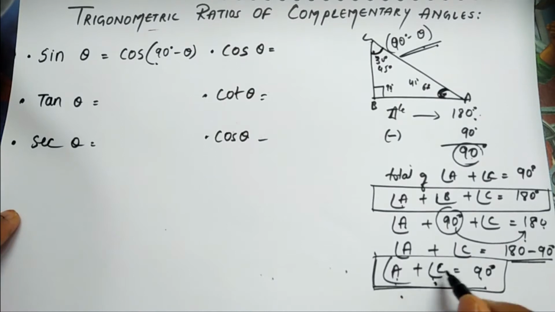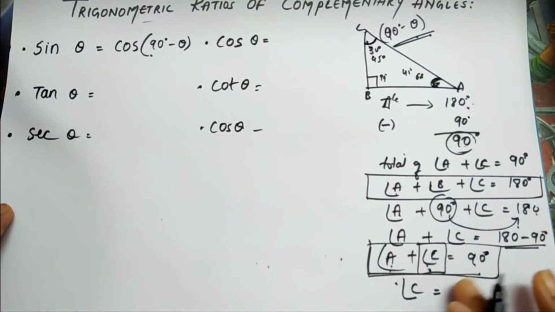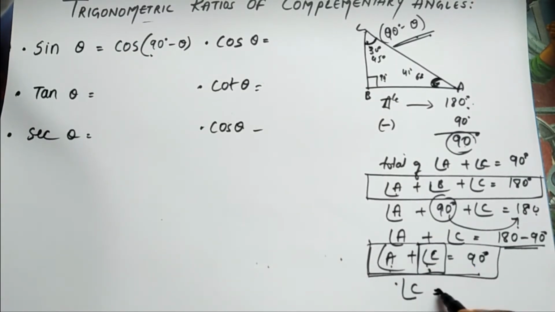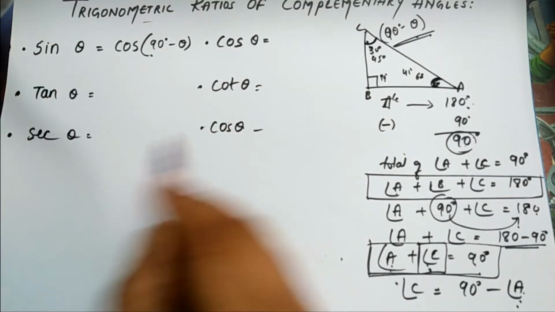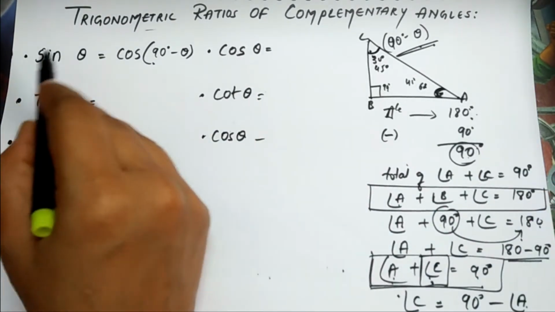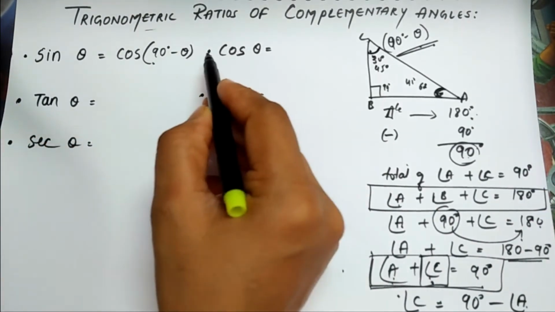If we want to know the complementary angle, angle C, what will it be? 90 degrees minus angle A, right? Here angle A is theta in our formula. We can take sine A is equal to cos of 90 minus A. Simple.